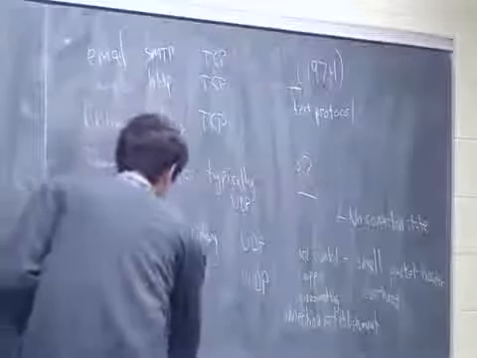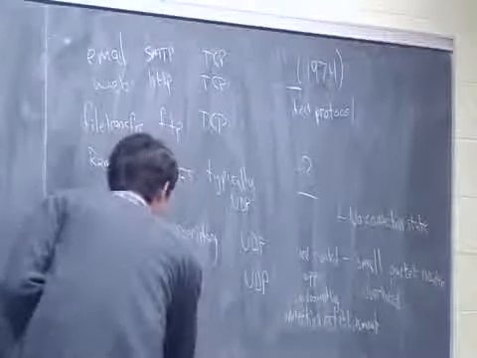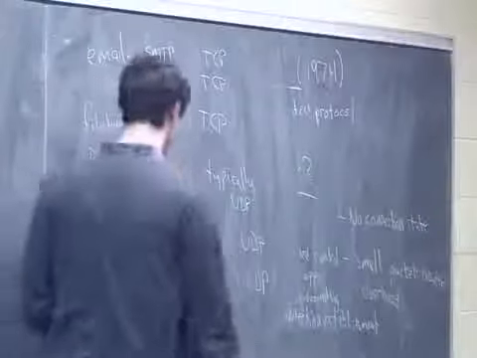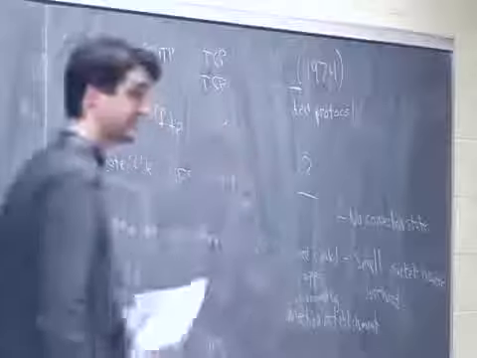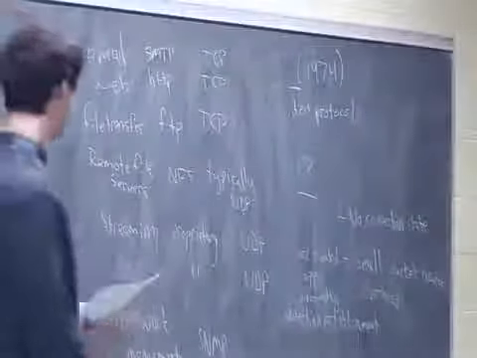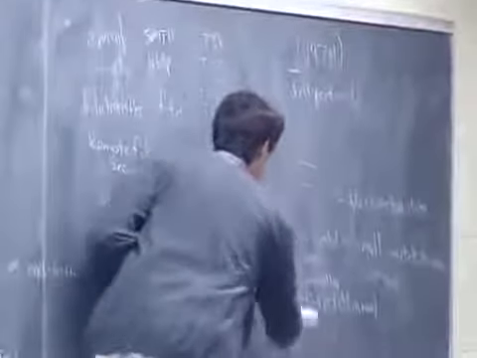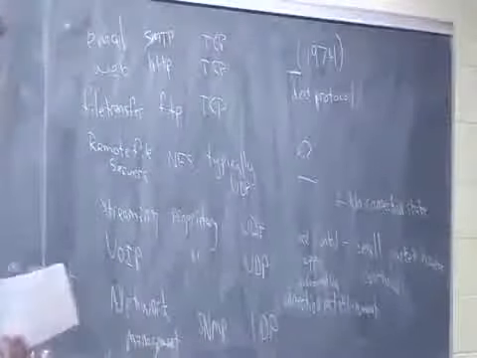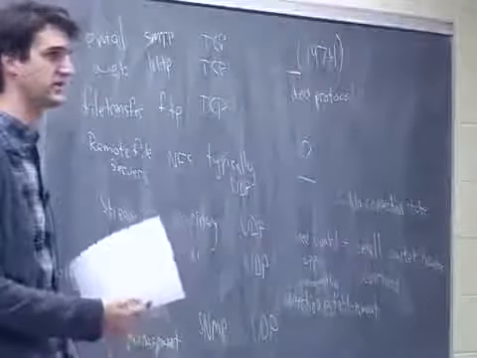And then things like network management. The protocol here is SNMP, which stands for Simple Network Management Protocol, and SNMP is over UDP. Does anyone know why network management would go over UDP? The reason is that we don't want the congestion control and flow control functionality of TCP.